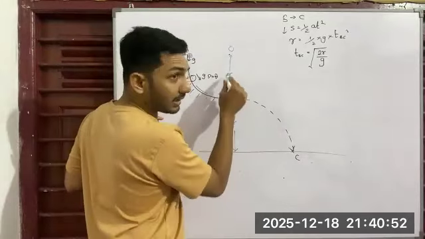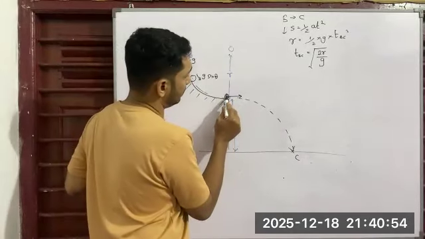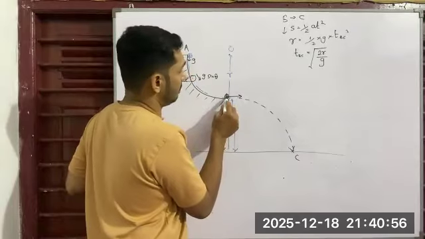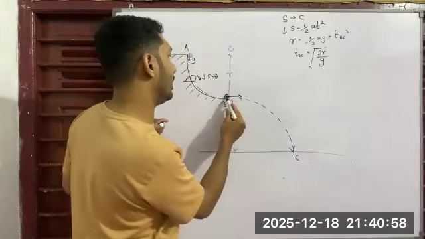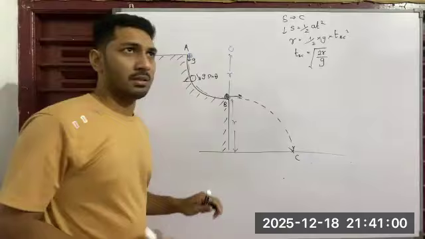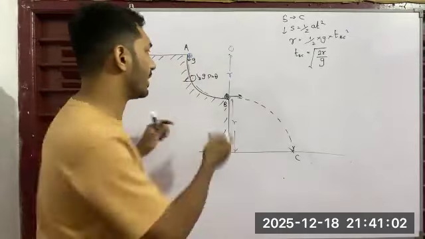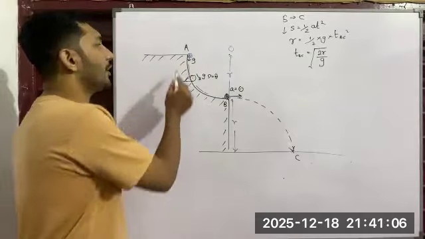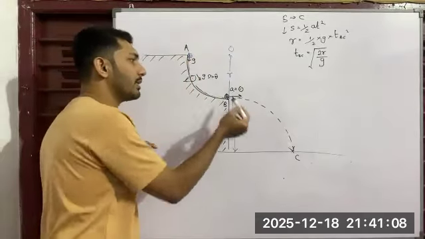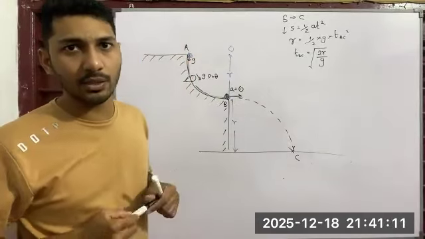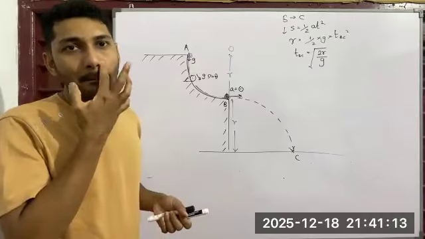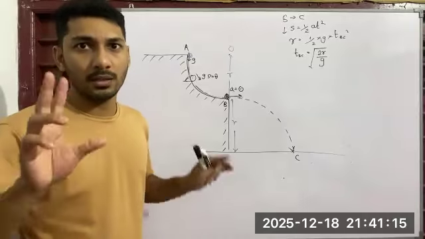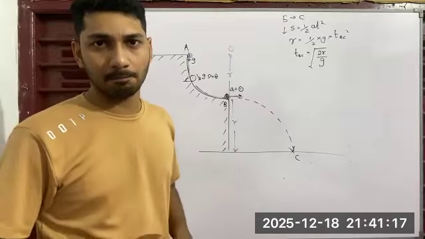Here, vertically, there is no component of velocity. It's moving horizontally, and horizontally there is no force. So here actually the acceleration is 0. So do you agree that throughout the motion, the acceleration decreases from g to 0? Do you understand that part?